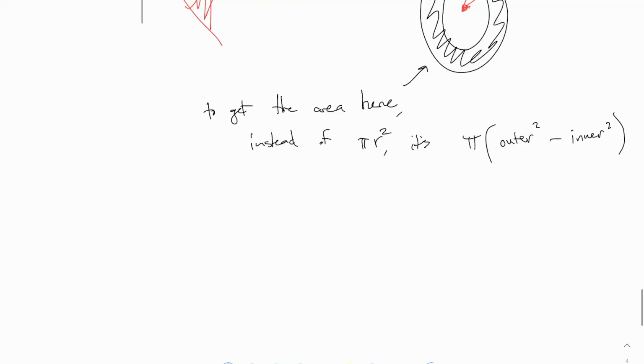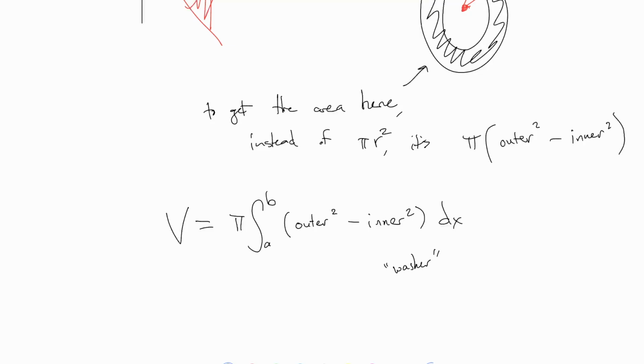So the volume looks like pi times the integral of the outer radius squared minus the inner radius squared. This is the volume of revolution formula with washers. This is the washer formula.